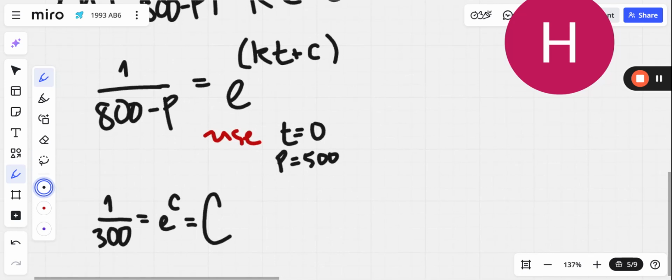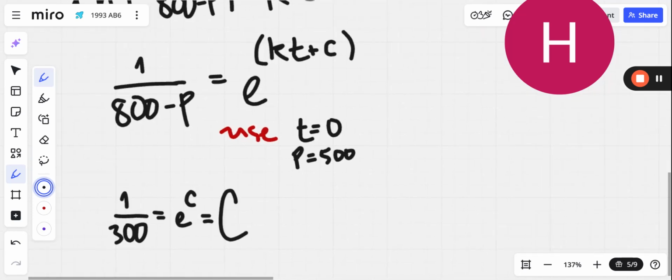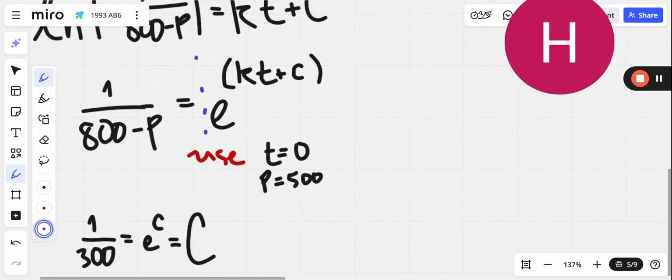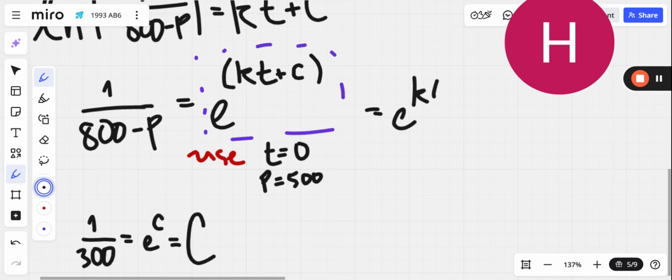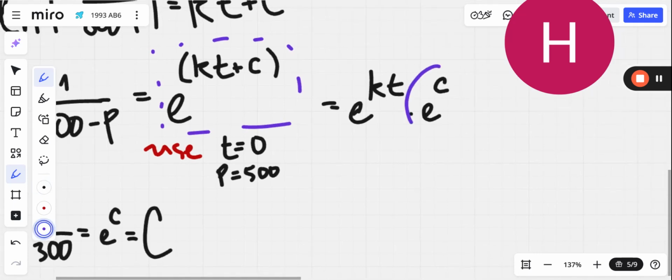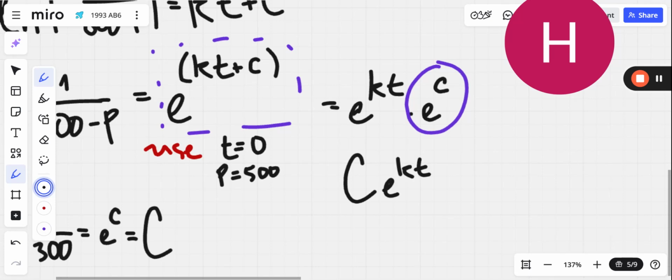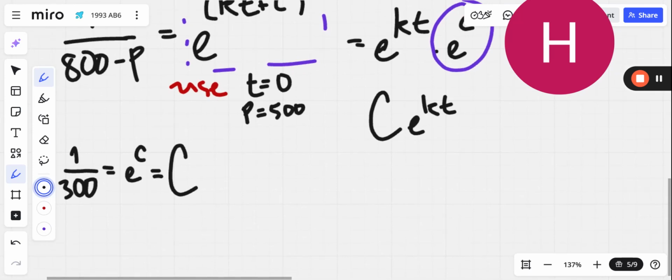And here's why. It's because we're going to express this portion a little bit better. We're going to express this as e to the kt times e to the c. And then we can just call this its own new constant, c e to the kt. Got it? So that's what we have now.